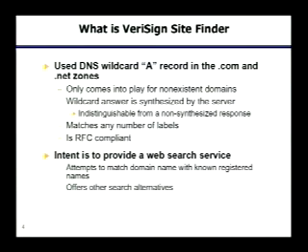Well, what we did, and this is no surprise to most of you, is use a DNS wildcard A record in the common net zones. It only comes into play for non-existent domains, and the answer you receive from the GTLD servers is synthesized by the server, and therefore the client cannot tell if this is an actual response received from the wildcard itself.